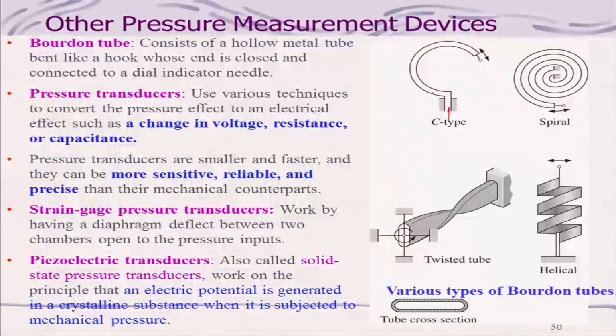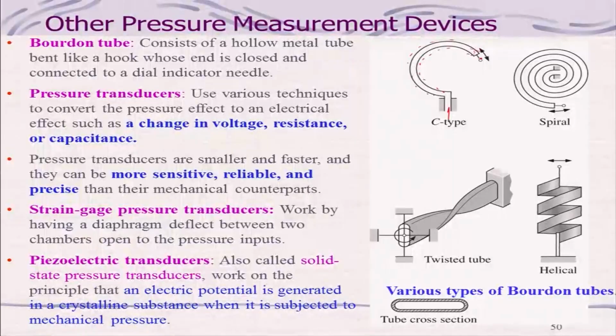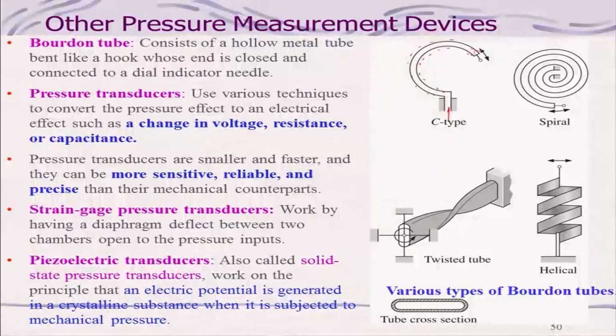When the pressure is higher, it will change, and it will change its position also, right. It will be inflated and try to become more circular, and then this will move, and this point will be connected to your needle. There will be a gear and pinion arrangement which you can open and see yourself. Then that will change.